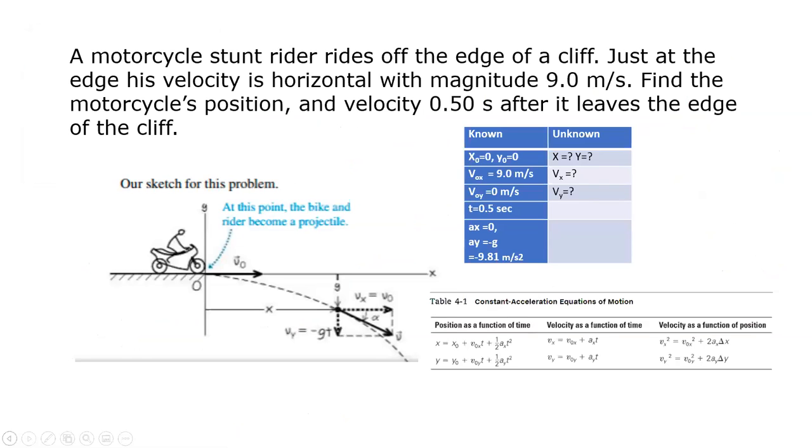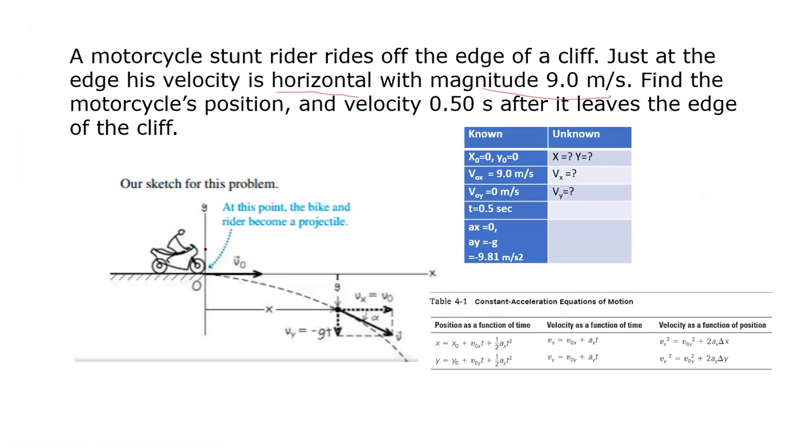Another problem, same type. I will leave it to you, but let me help you to start. Again, same thing from here. Now the velocity is horizontal and the magnitude is 9.0 meters per second, so that number is given.